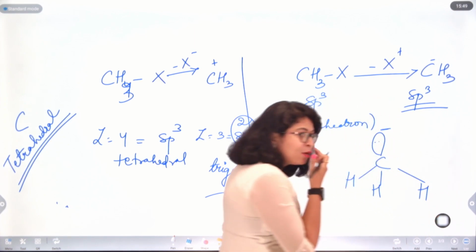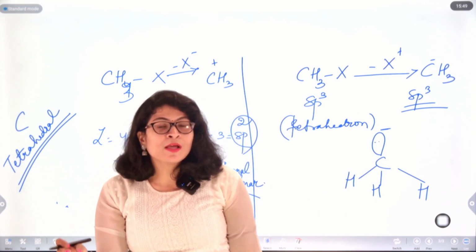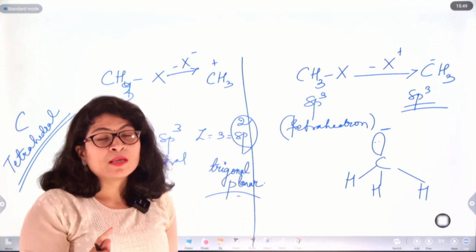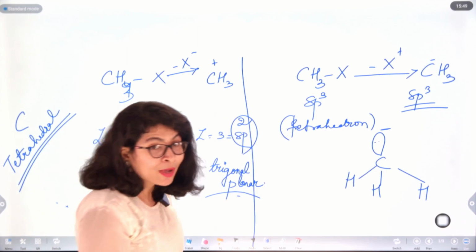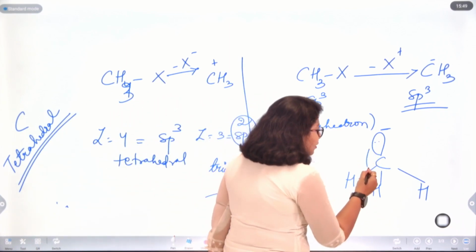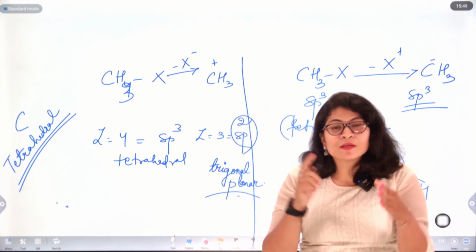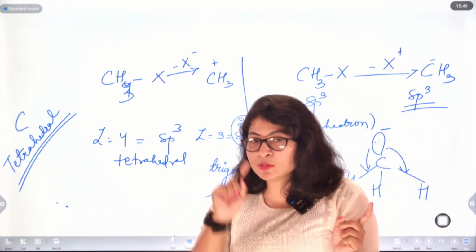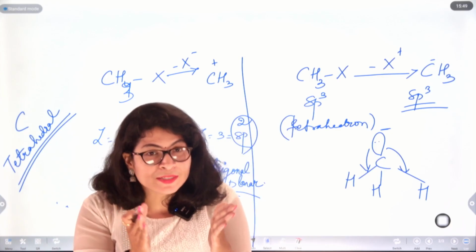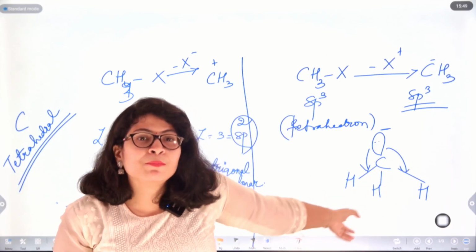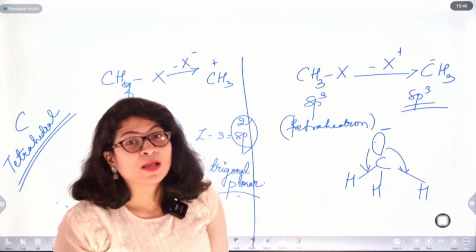So instead of being the regular tetrahedron geometry, that became a distorted tetrahedron. Why? Because the lone pair repelled these bond pairs with a greater force. The bond angle between hydrogen, carbon and hydrogen further decreased. So the shape became a distorted tetrahedron.